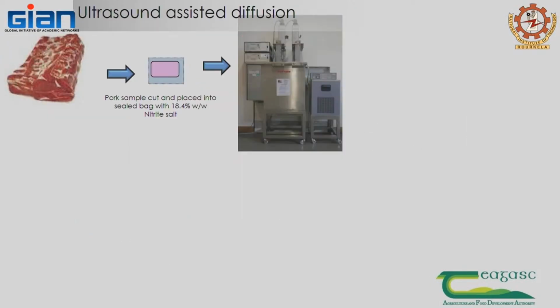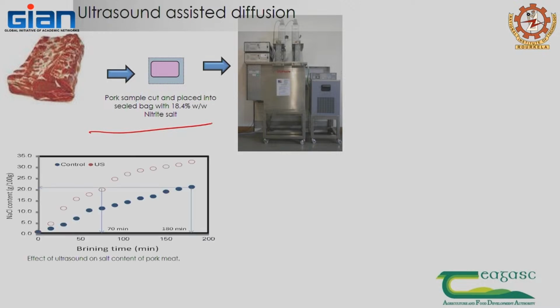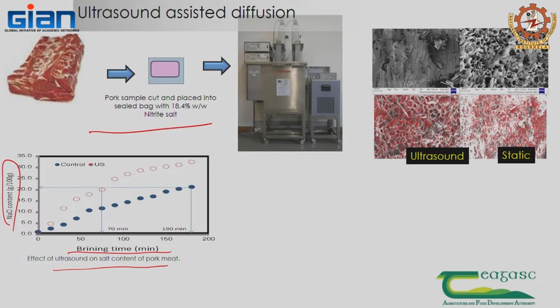Yeah. And then brining. So, example over here, a piece of meat going into the system, and the brining time, that is ultrasound, and the normal sodium chloride content of the product. Yeah. And then how it happens, this is the interesting part. This is the surface of a meat.